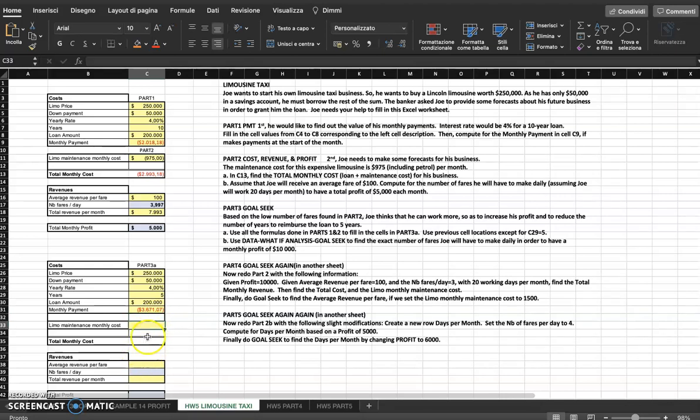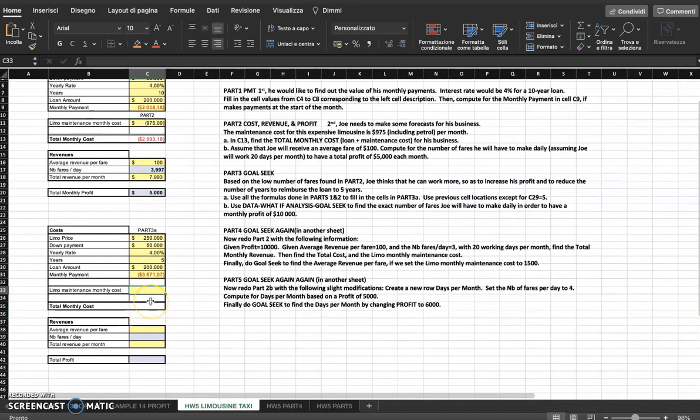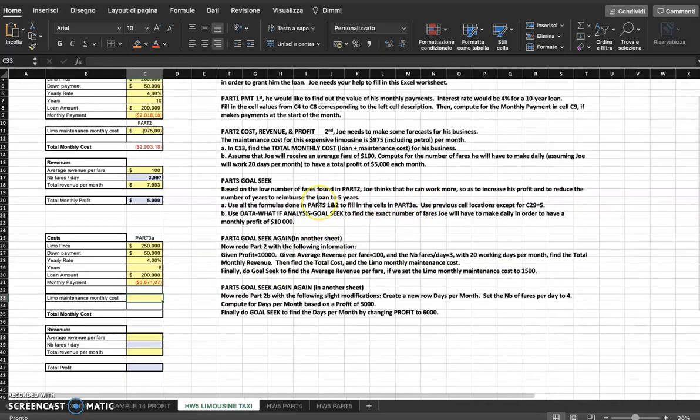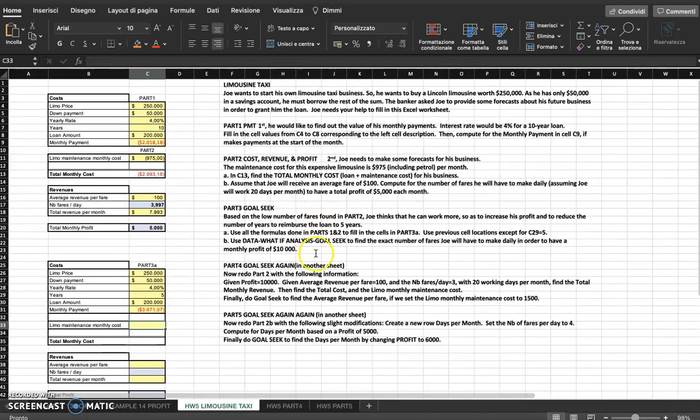Okay, now we have to do the limo maintenance cost, and again we have it here. It's 975.